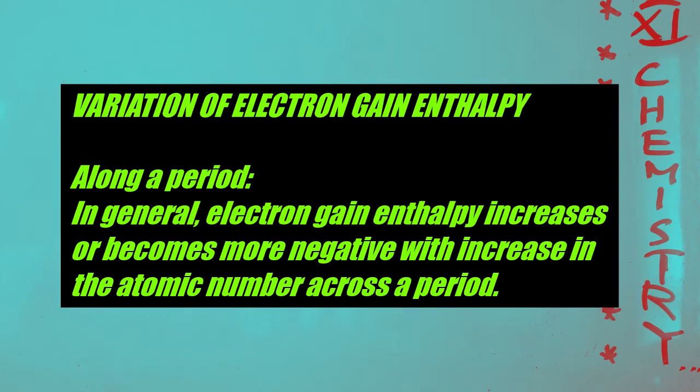Variation of electron gain enthalpy along a period. In general, electron gain enthalpy increases, or becomes more negative, with the increase in atomic number across a period.